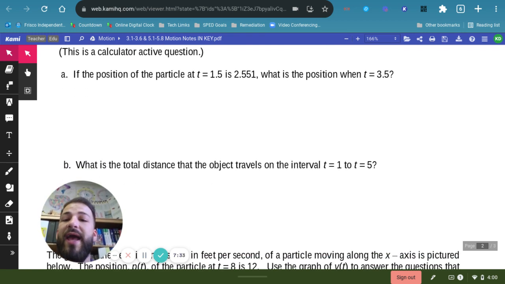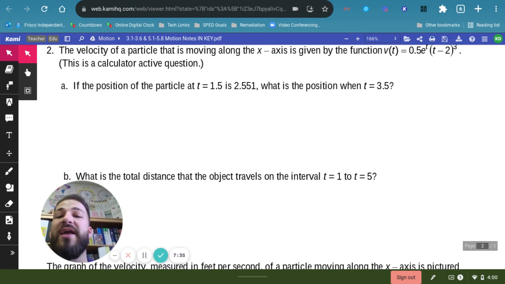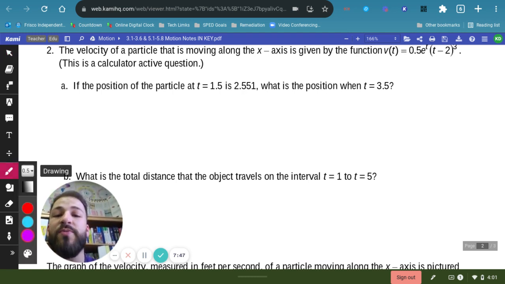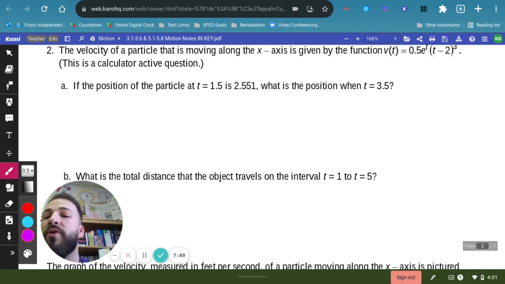So for part A, if the position of the particle at t equals 1.5 is 2.551, then what is the position when t equals 3.5? So once again, I want to know the position, so I need to consider that initial point they give us, which is 2.551 at 1.5.